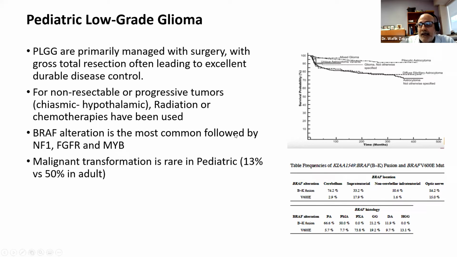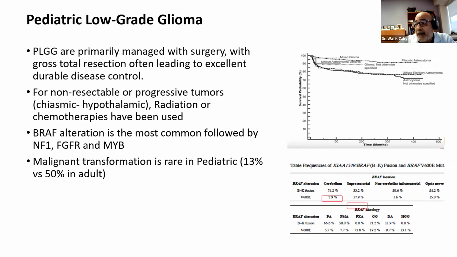This is the Kaplan-Meier curve for the four different astrocytomas. You see a very good outcome for the pilocytic astrocytoma, with an expected 10-year survival of about 90%. Here at the bottom is a table showing the BRAF fusion and BRAF mutation.